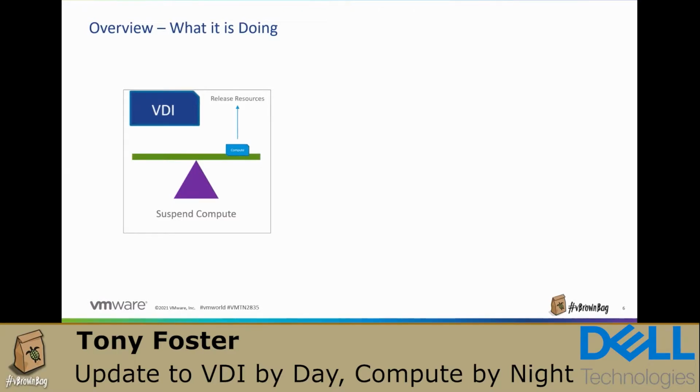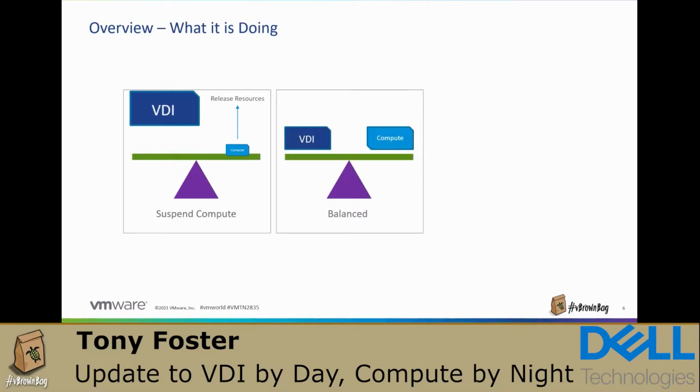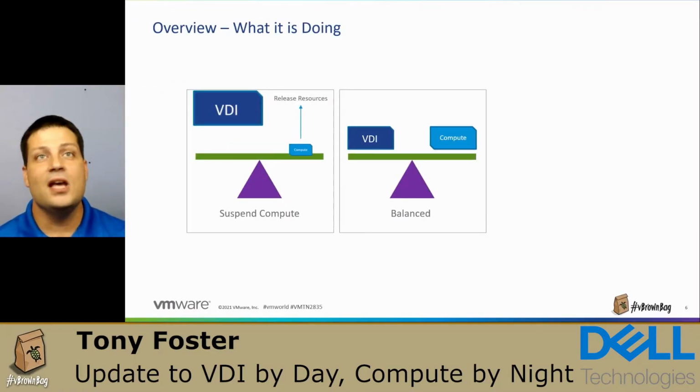We're going to shrink down our compute workload and expand the VDI workload. And we do that just by suspending our virtual machines. Really straightforward. Everybody's been doing suspends for quite a while. And this tends to put us in a balanced state. So VDI and compute are happy. VDI has all the resources it needs. Compute has the resources that it's allowed, and life is balanced.